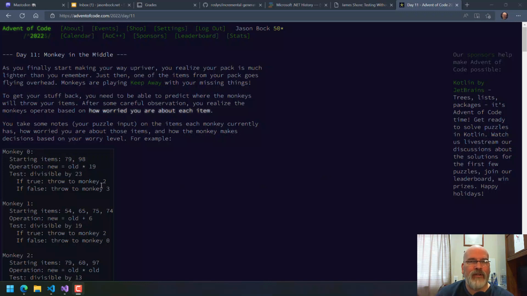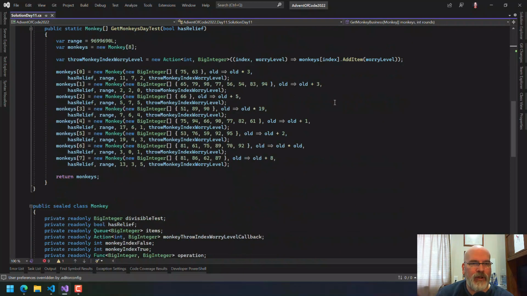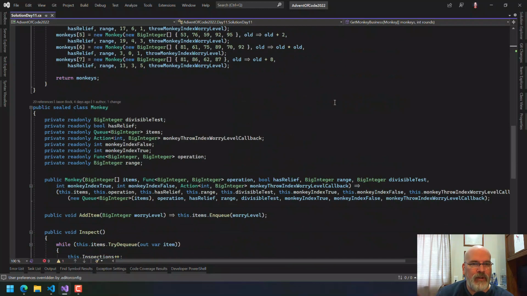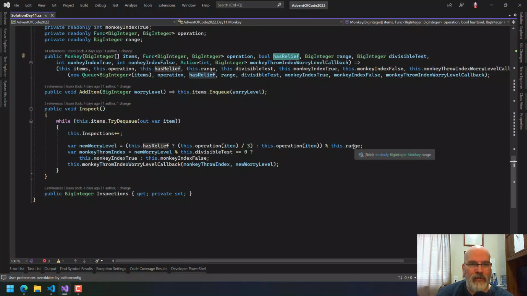And the trick, at least for me, was noticing this divisible by 23, divisible by 19, that these are primes. And I think somewhere down below there is has relief, I think, or range. Yeah, range. I think that's what I'm using here.